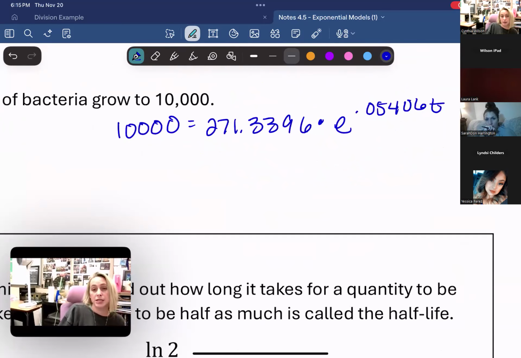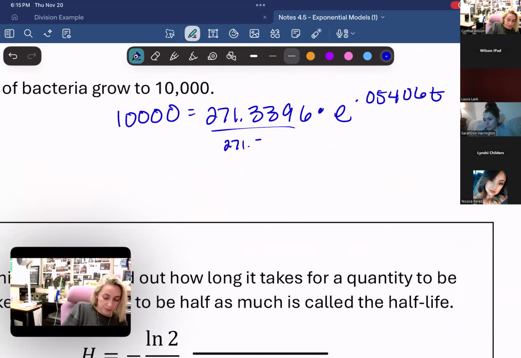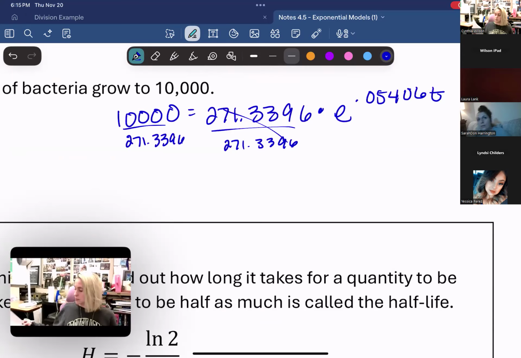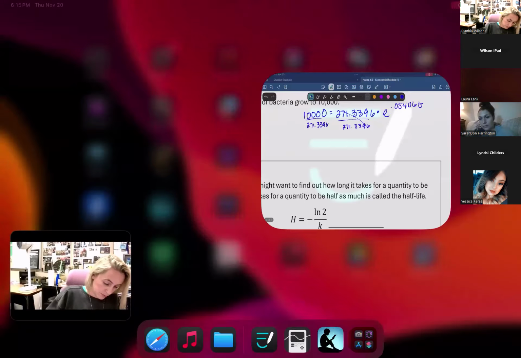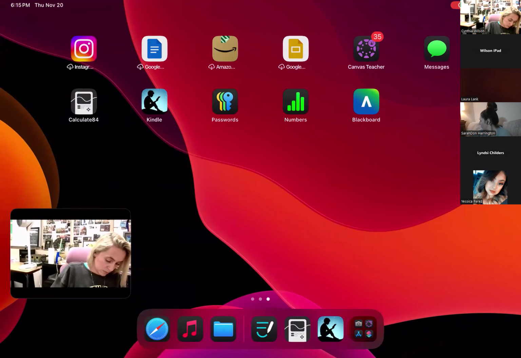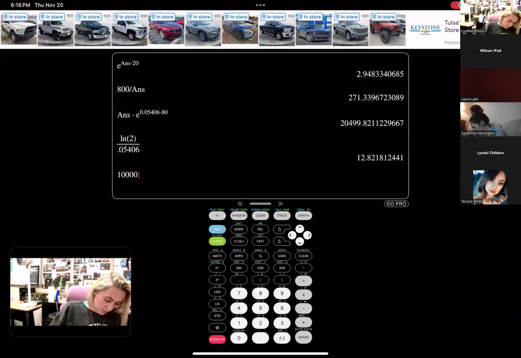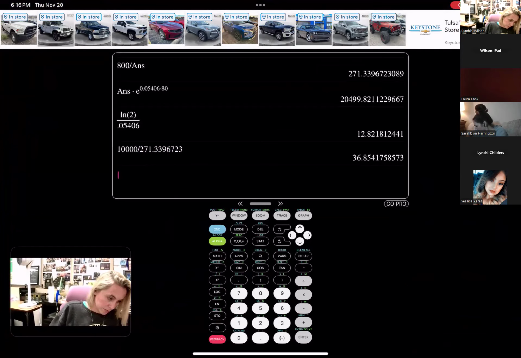So the first thing I'm going to do is divide both sides by this 271. All right, so 36.854.